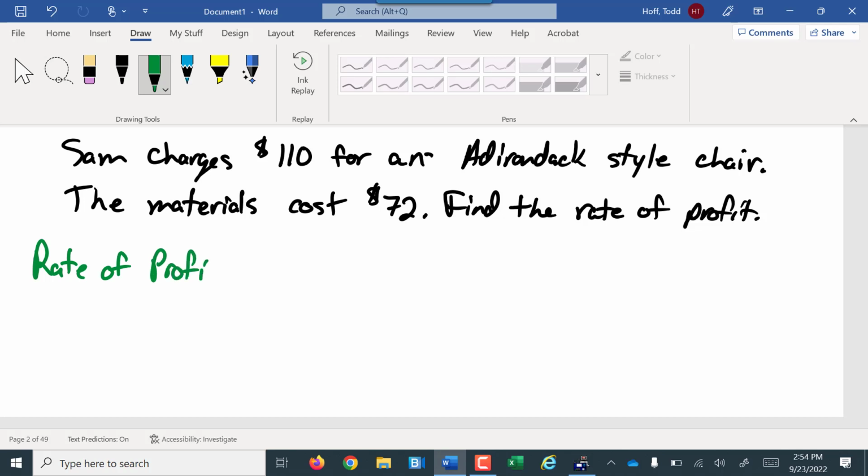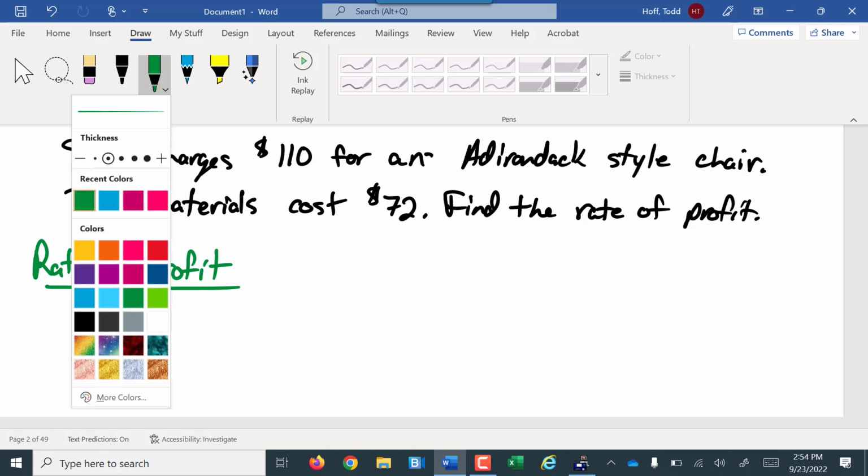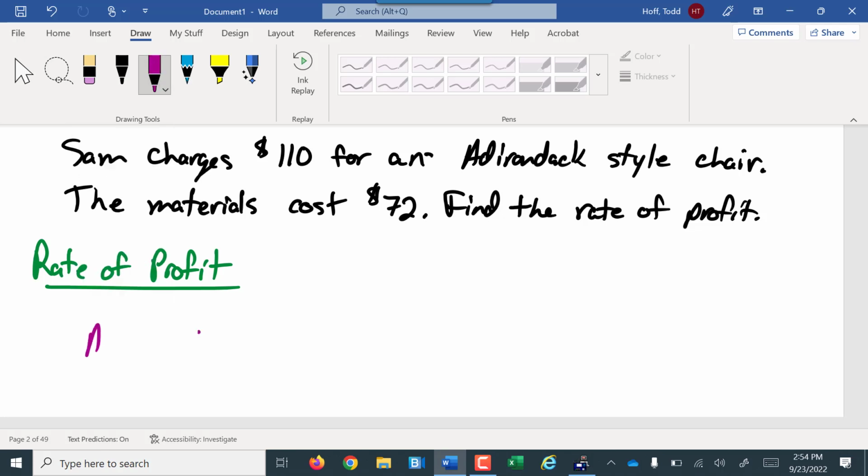There's actually two types: there's a rate of profit and then there's a profit margin. Profit margin goes off of the selling price. Rate of profit goes off of the cost. So we're going to assume we're going off of the cost here. But the first thing we need to do is to find the amount of profit. How do you find the amount of the profit here?